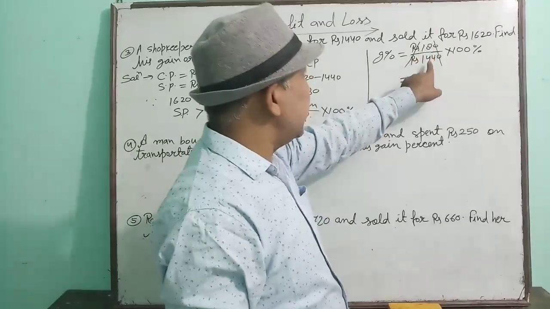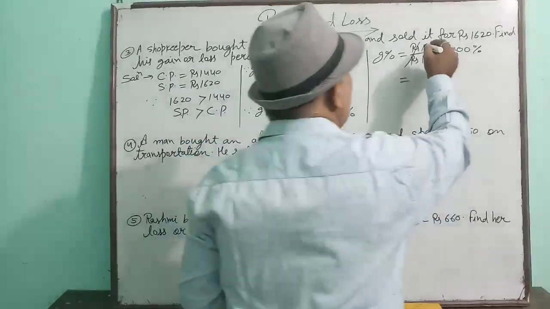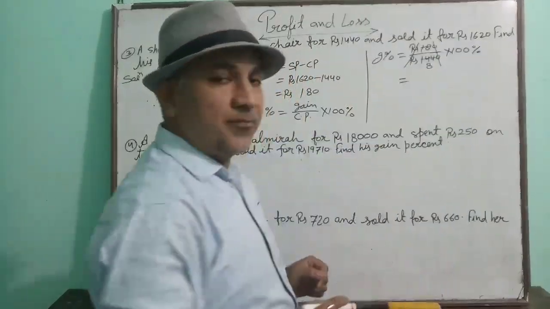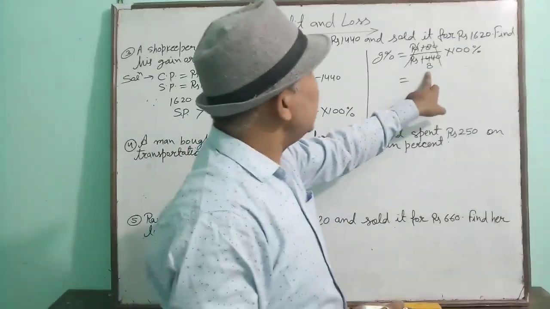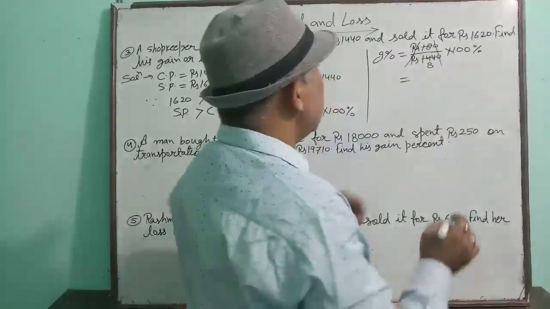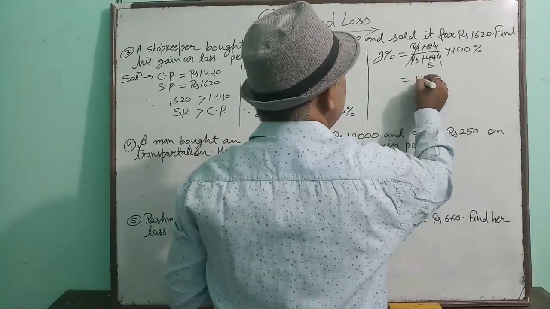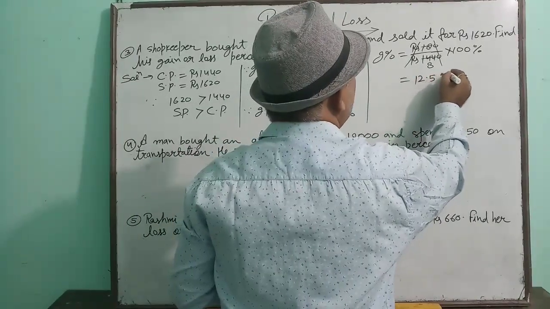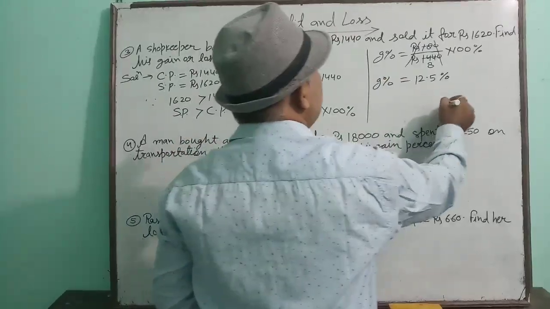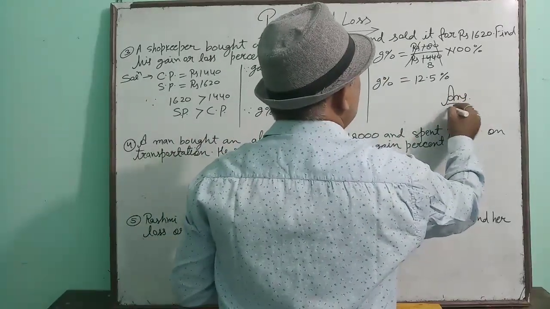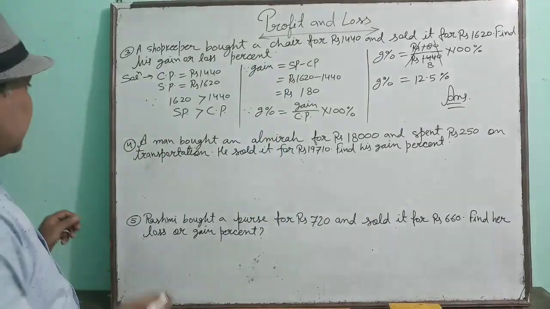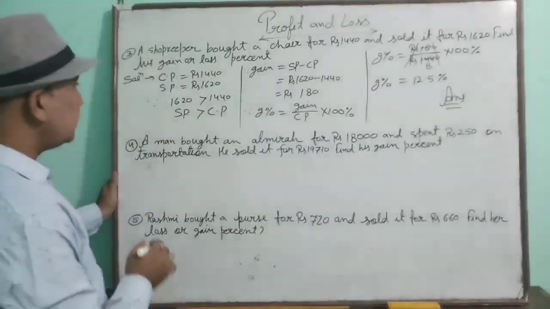Okay. 18 divides 144 by 8 times. Now 8 will divide 100. When 8 divides 100, you will get 12.5. That means what is the gain percent here? 12.5%. Understood?